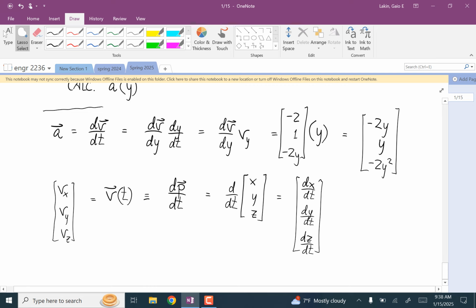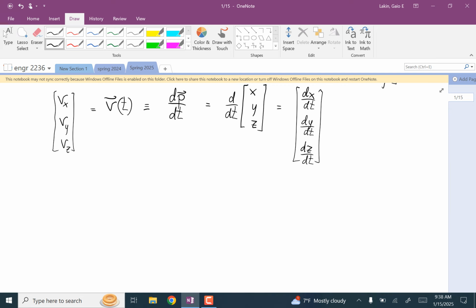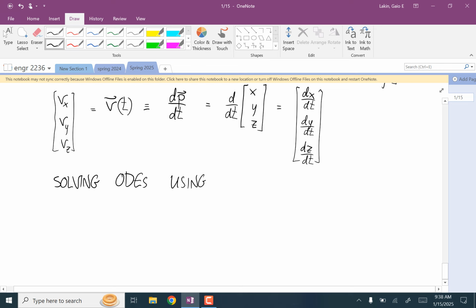Okay, so the last part of the calculus-based mathematical preliminaries, and this is the biggest one of the 1, 2, 3, 4, is solving ordinary differential equations using separation of variables.